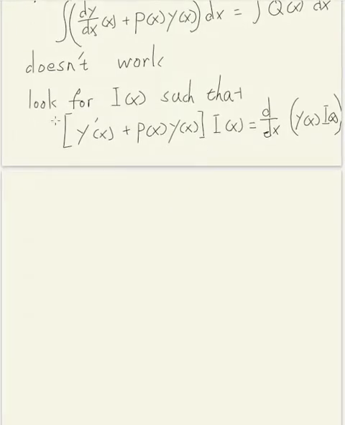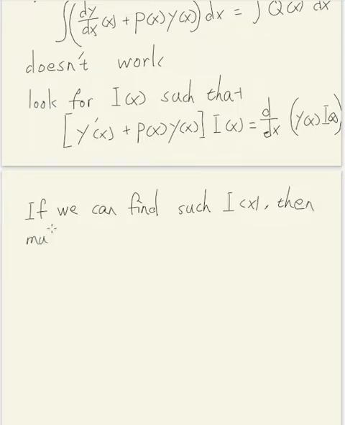Okay? Now, why do we want this? If we can find such an integrating factor, I of x, then you multiply the entire equation by I of x and obtain this equation.